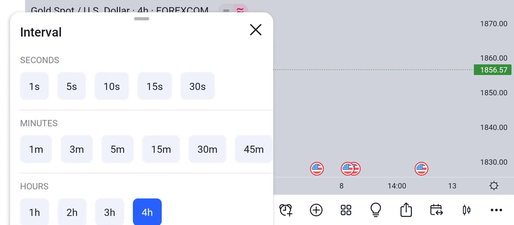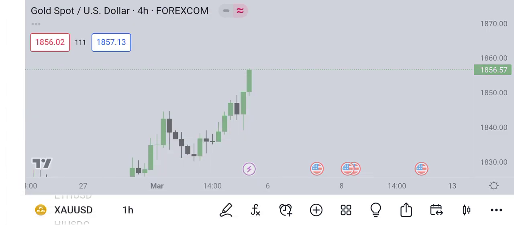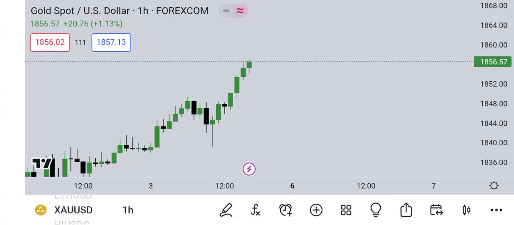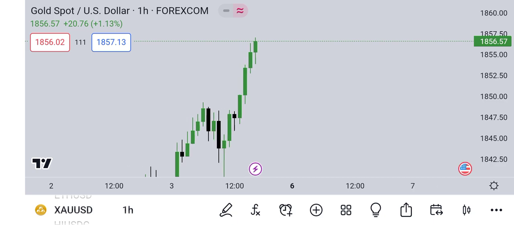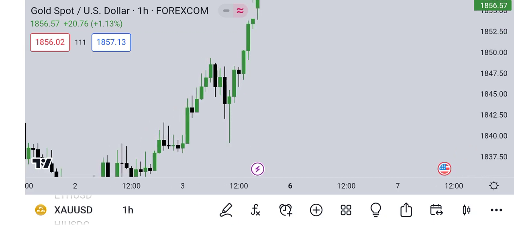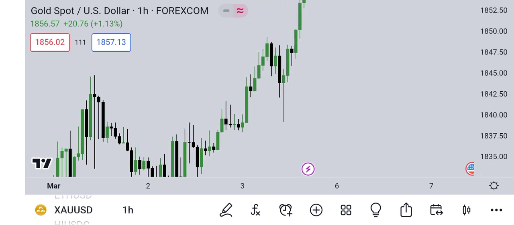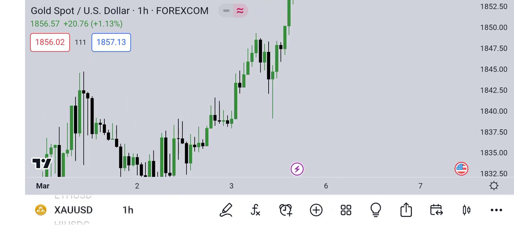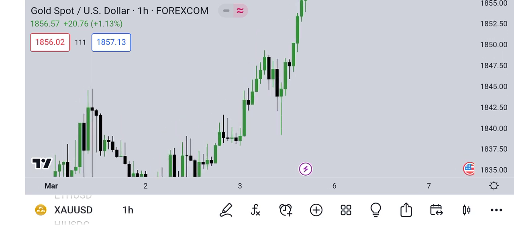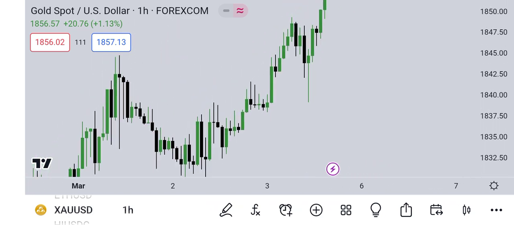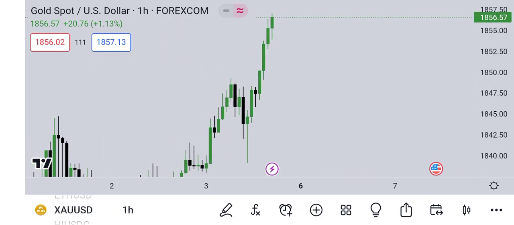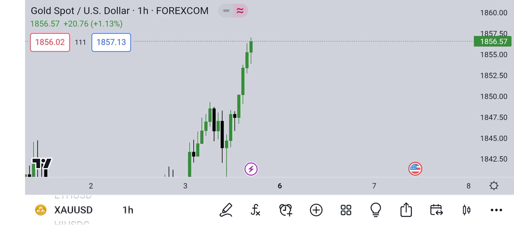If I drop to 1 hour, for example, the price leg that I marked the other time will be clearer now on the 1 hour, right? But that's not what I'm interested in now.